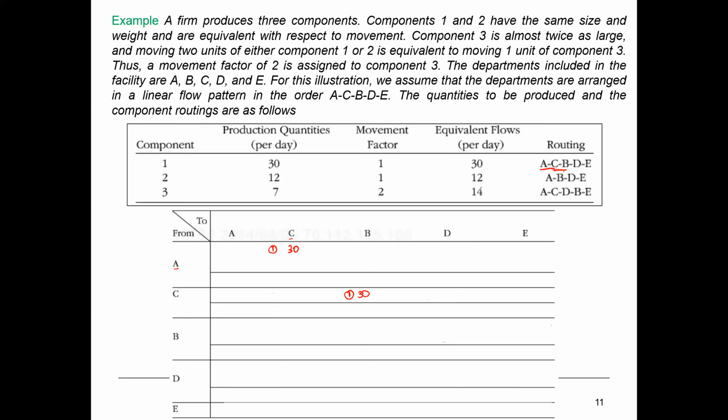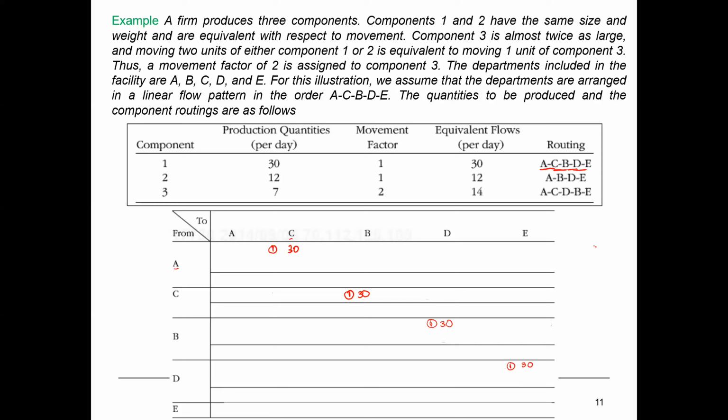And then we go from B to D, also 30. And then from D to E is also 30. Okay, so we are done with component 1.